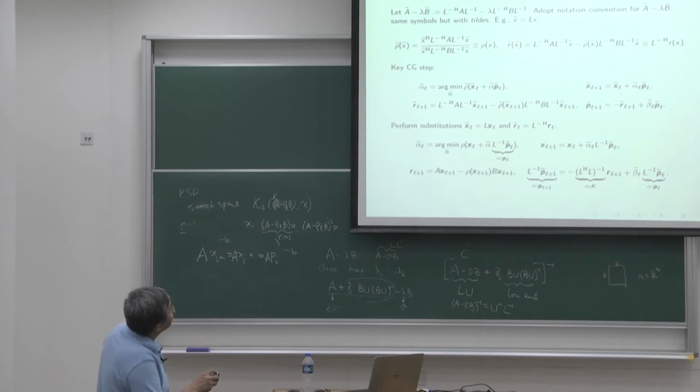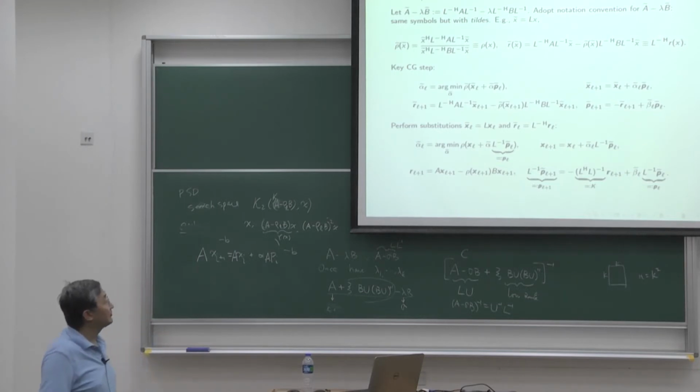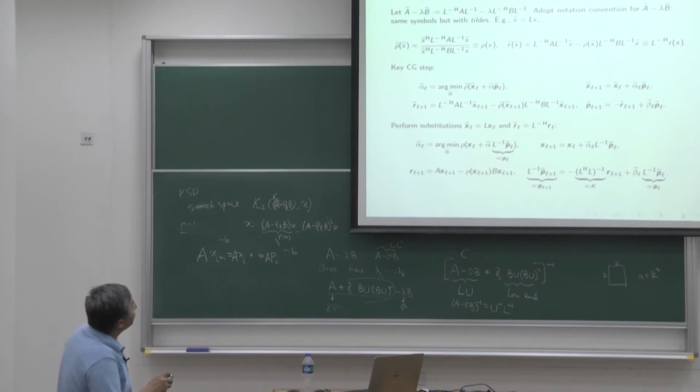So the residual in the tilde case and the residual in the non-tilde case are related by a matrix multiplication from the left, L inverse H. Now, the key step of CG for the tilde case: you do the optimal line search, then you update the eigenvector, compute the residual, then update the next direction.